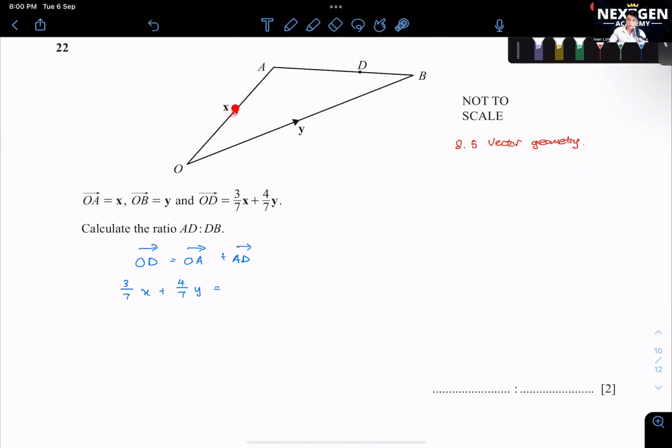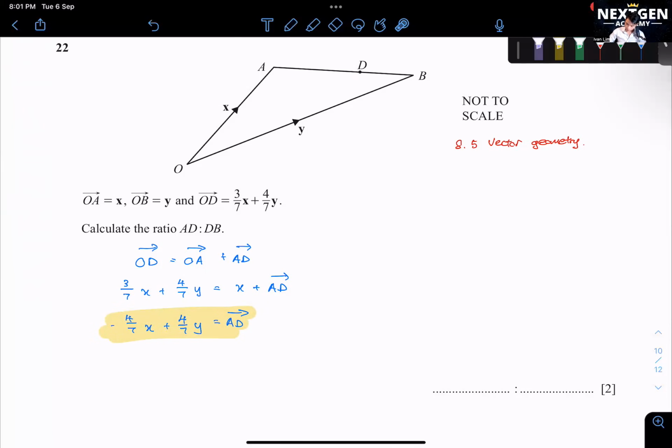Okay, OA is given to me x plus AD. Okay, so you see I can find what's AD, right? AD, I just 3 over 7 minus 3 over 7x minus 1, which is negative 4 over 7. Okay, so I can say it's negative 4 over 7x plus 4 over 7y. Okay, this is my AD value.